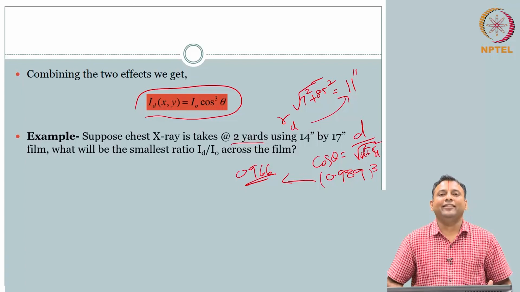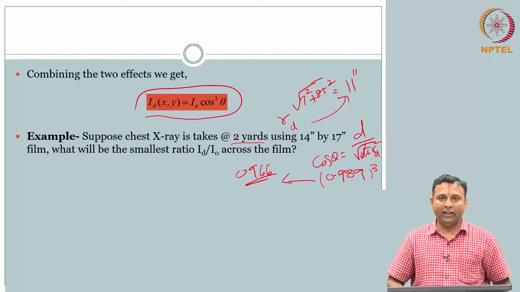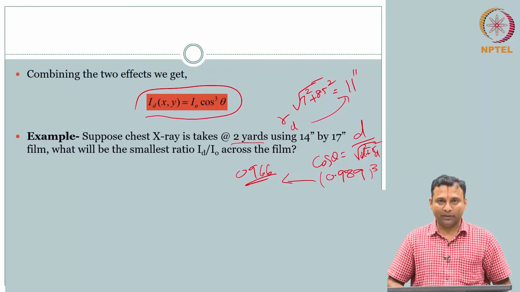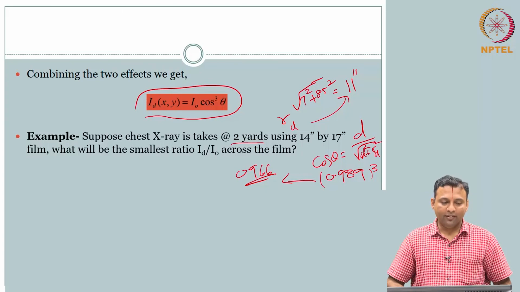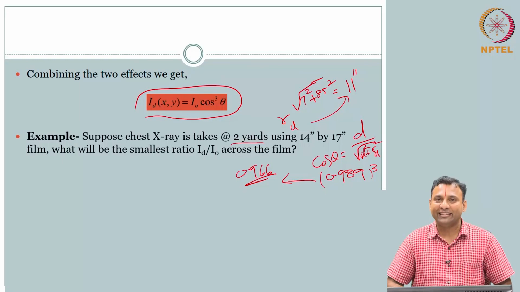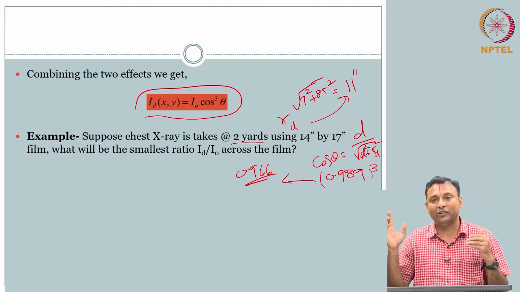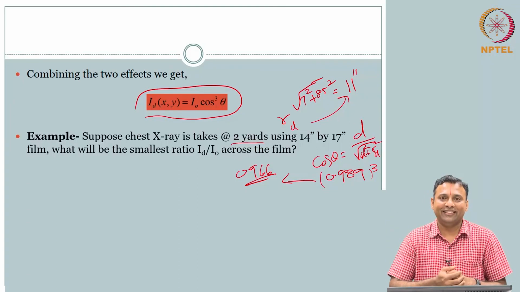Well, it depends. If this is the only contributor, then we will have to see how best we can reduce this 3%. Or as we add on other effects, if there are more dominant ones, maybe we want to address those, and then we will say, okay, in relation to that, this is just 3%. Okay.